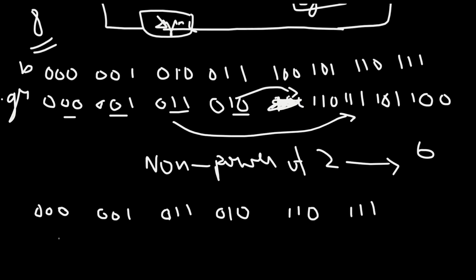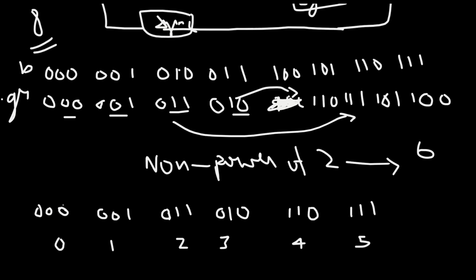So this is basically 0, 1, 2, 3, 4, 5. So this is basically the six deep FIFO, where it goes from 0 to 5 here.